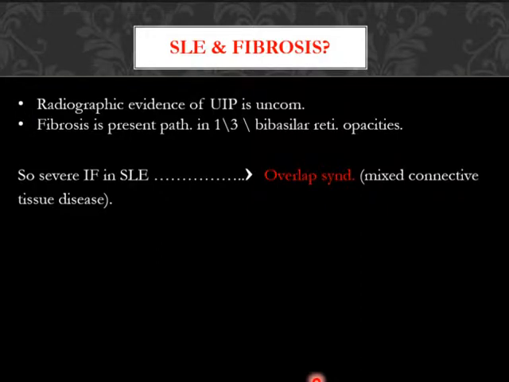Does SLE cause fibrosis? It's uncommon radiographically. When fibrosis is present, it is seen in one third, as basilar reticular opacity. But if severe fibrosis occurs in SLE, this may be due to overlap syndrome, meaning mixed connective tissue disease, or SLE with other connective tissue diseases.